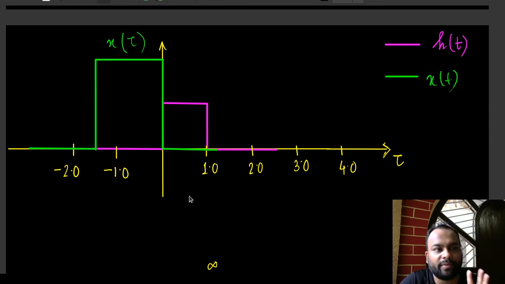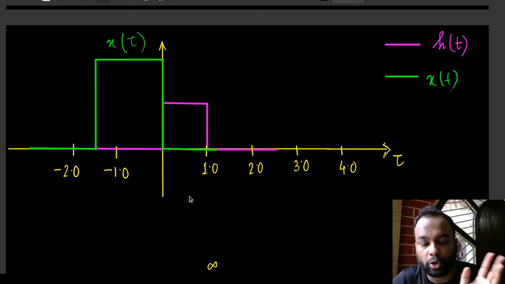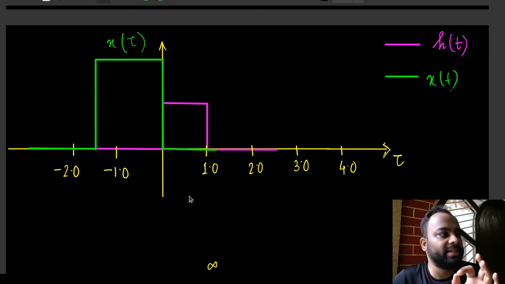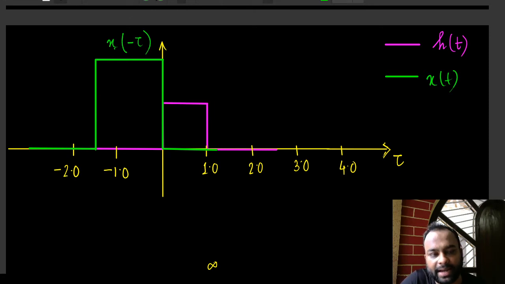Even though I shifted, don't mind that. Try to feel that this is the vertical flip. So now instead of being x tau, this is x of minus tau. Please let me know if this is clear up to this point.